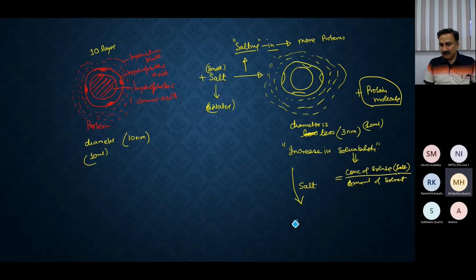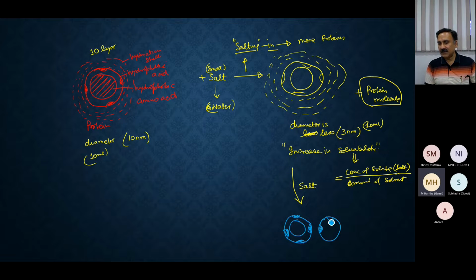You are going to have protein where all the hydration shells are now gone. This means you are going to have patches which are not covered by the hydration shells. In that case, the neighboring protein molecules will also have the same patches, and these patches are hydrophobic.